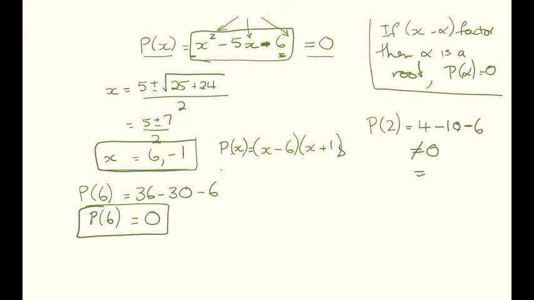And what it is equal to is minus 12. Now what's interesting is that not only does it show us that 2 is not a root, and therefore x minus 2 is not a factor, but it shows me the remainder of minus 12 if I actually divided x minus 2 into my polynomial. So that's what I'm going to have a look at now.